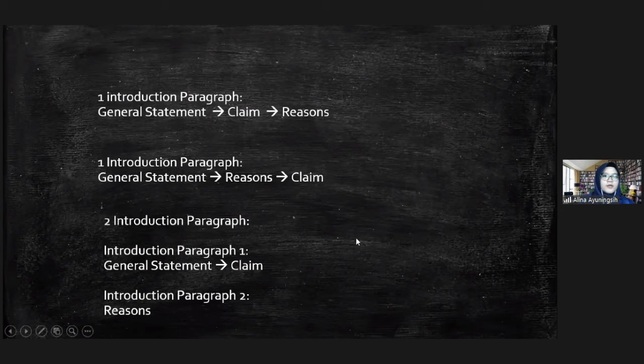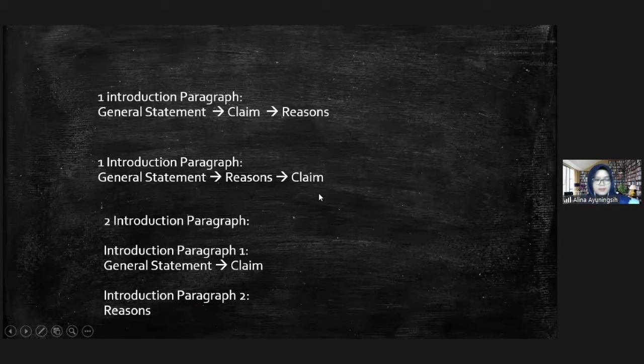Okay, 3 ways here. The first one, kalau dia hanya punya satu introduction paragraph, the author wrote the general statement atau background information of the topic, diikuti dengan claim atau thesis statement, baru dia nulis reason. Tapi bisa juga, masih dalam satu introduction paragraph, dia nulis general statement dulu, lalu diikuti dengan reason-nya kenapa dia nulis seperti itu, dan diikuti dengan thesis statement atau claim-nya.